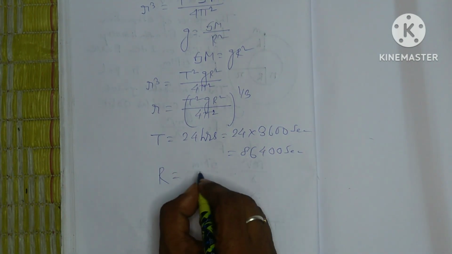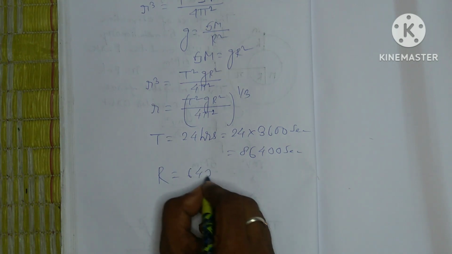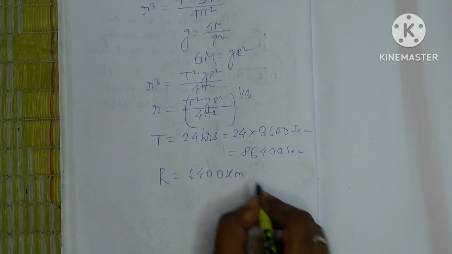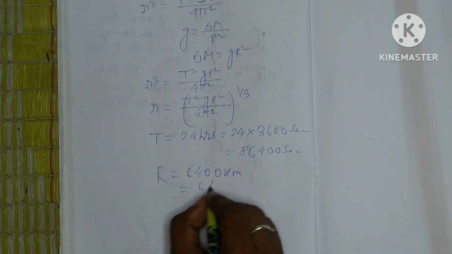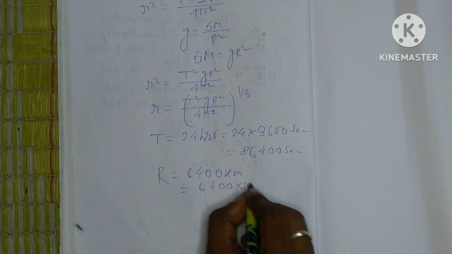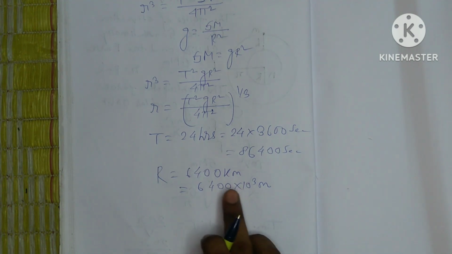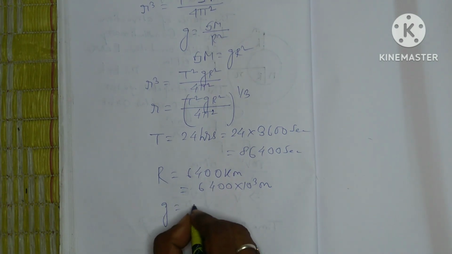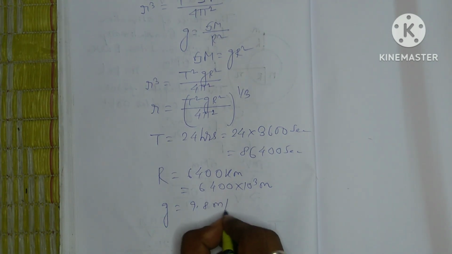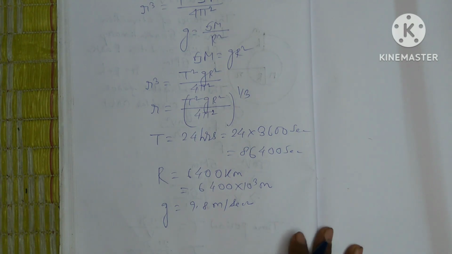R equal to 6400 into 10 to the power 3 meter. This is in km, we transform into meter. g equal to 9.8 meter per second square.